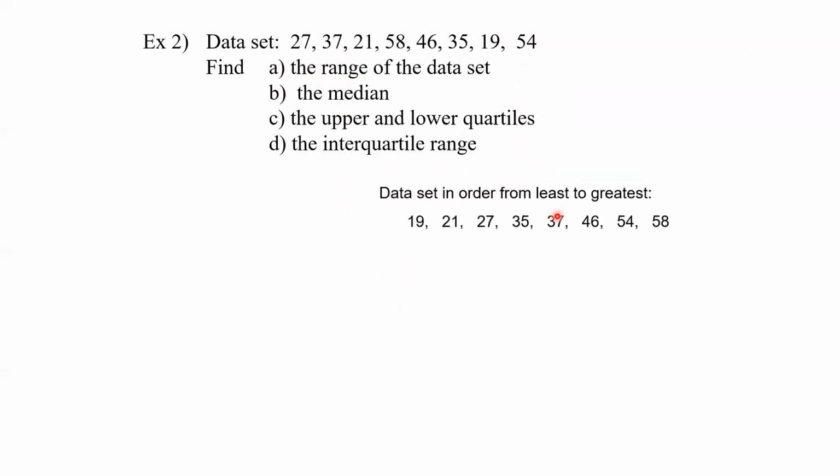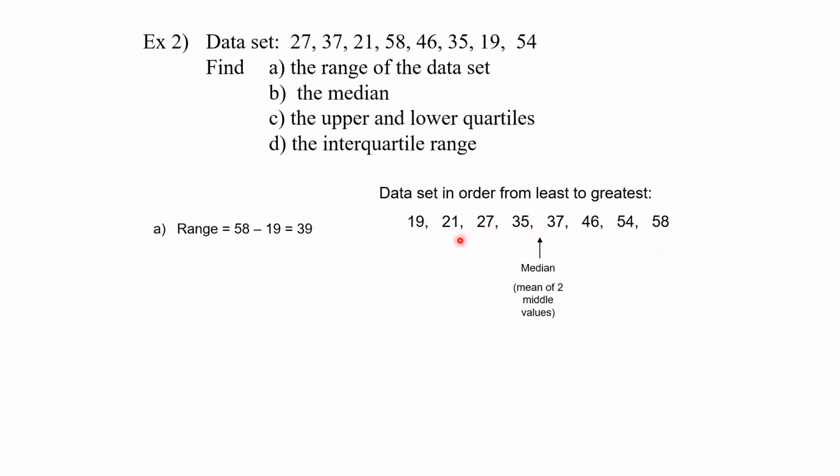Now, if we put our data in ascending order, we will have 19 as the lowest and 58 would be our greatest value. Okay, so therefore, if we are simply calculating the range, it will be 58, the maximum value, minus 19, which is the minimum value. Now, the median value.